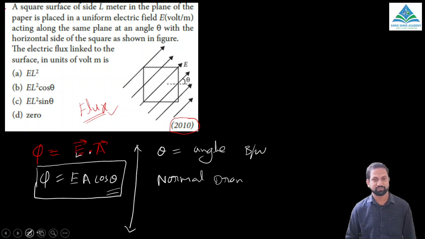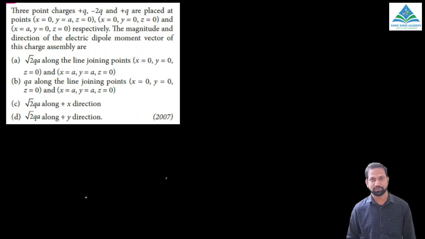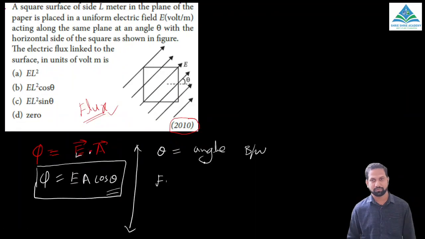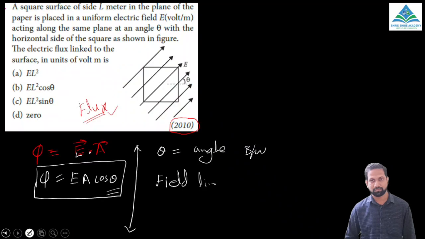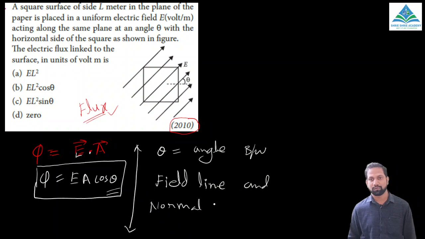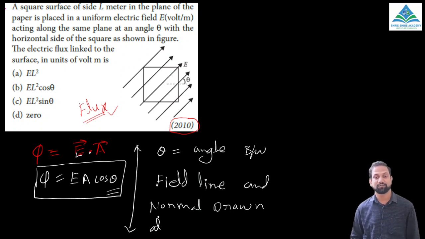Otherwise let me define it: angle between field line and normal drawn to the surface, you can say.